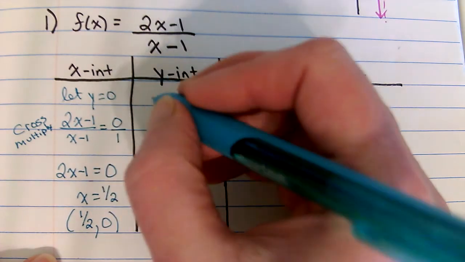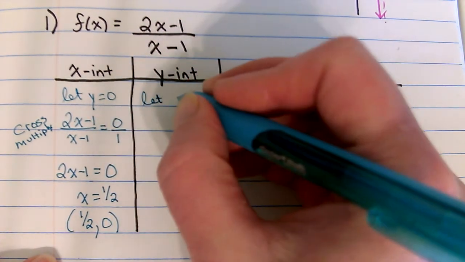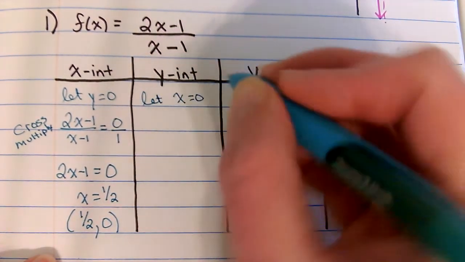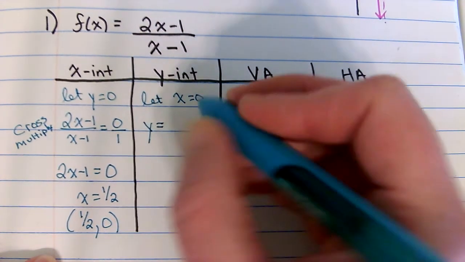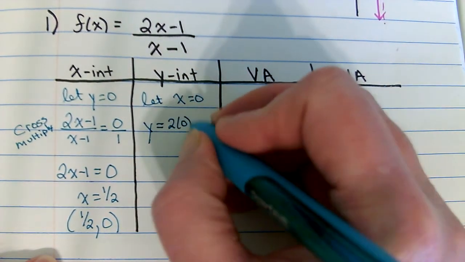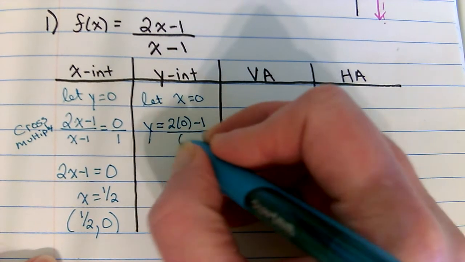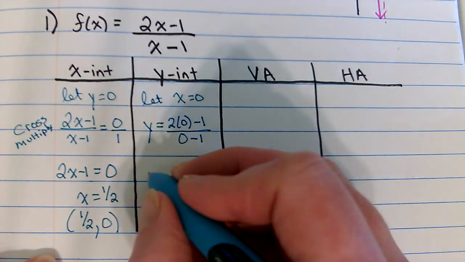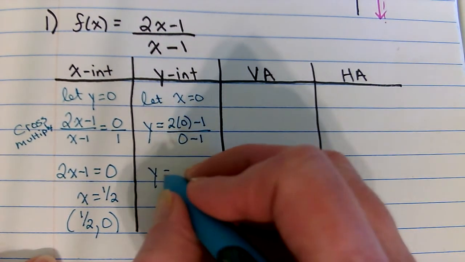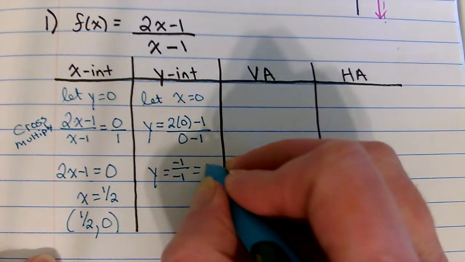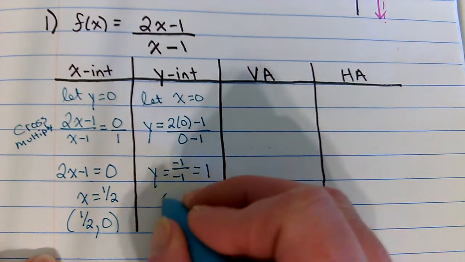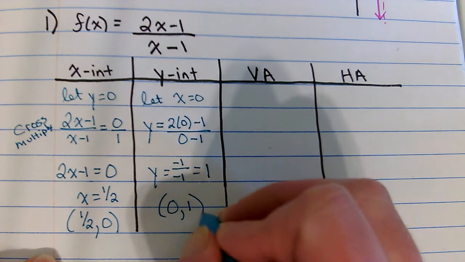Y-intercept. So x-intercept, let y be 0. Y-intercept, let x be 0. So I'm going to call f of x y. 2 times 0 minus 1 over 0 minus 1. That's going to give me negative 1 divided by negative 1, which is just a 1. So my y-intercept is going to be 0, 1.